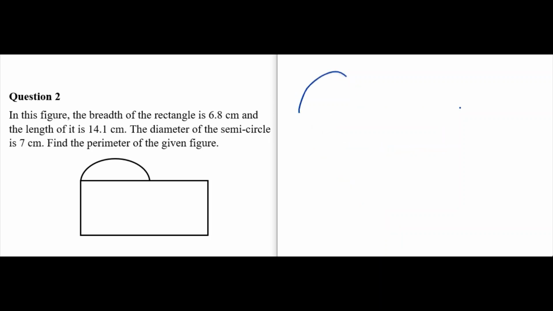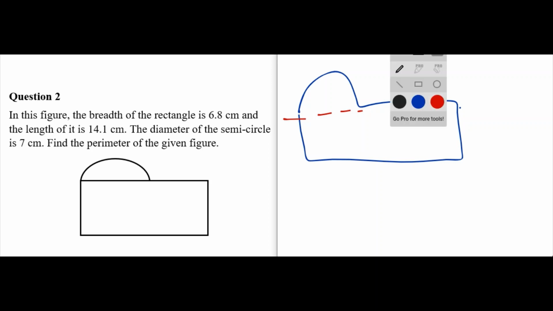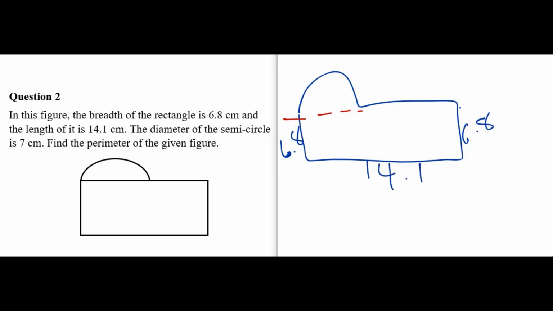Okay, so I'm going to redraw this diagram, and whatever I'm drawing now with red color, we're not going to include that in finding the perimeter. So now let's write down whatever details we know. The breadth is 6.8, therefore this side is also 6.8, this side is 14.1. We do not know how much the rest are, but the question says that the diameter of the semicircle is 7.